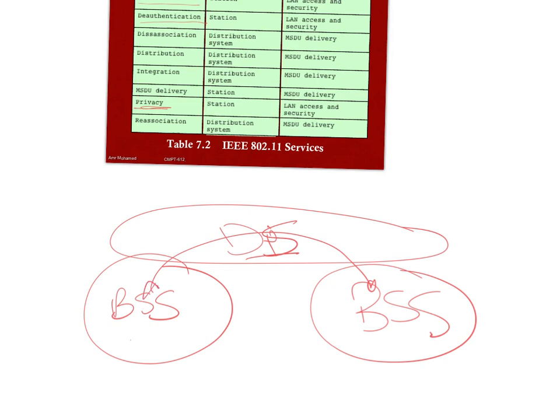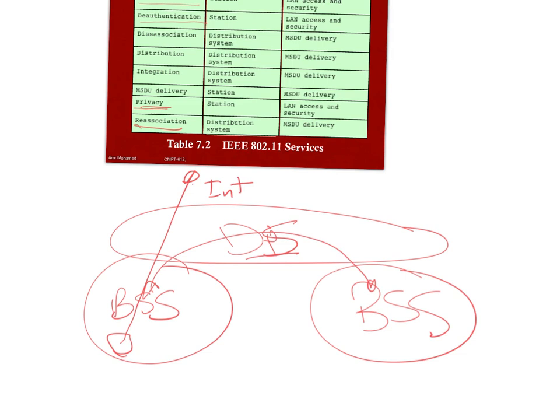But there is a node here that wants to connect to the internet, which means it needs to connect from the extended service set within QU to outside, to maybe the Ooredoo network and the internet. So this is called integration. Integration is when you communicate from the extended service set to another external network. There's also the concept of reassociation.